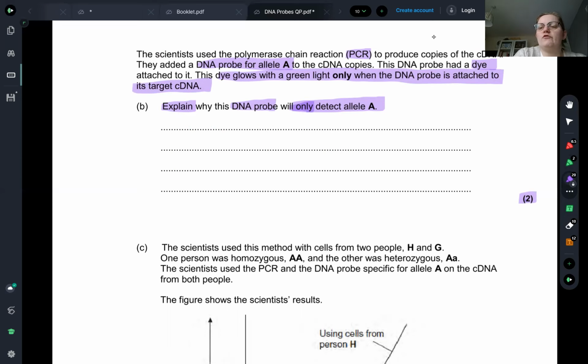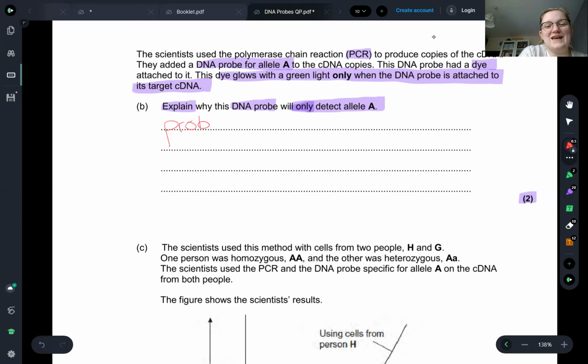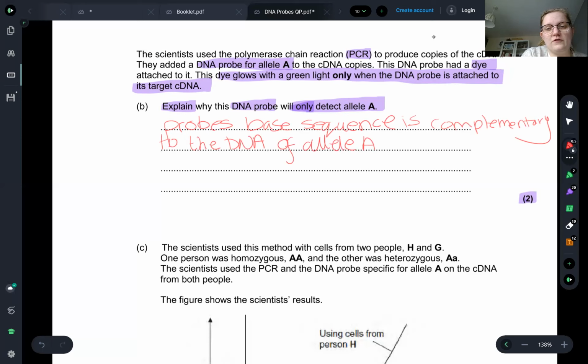So why does this happen? Well, we've just talked about DNA probes. As we know about probes, a probe's base sequence is complementary to that of the DNA that we're looking for, so the allele that we're looking for. So our probe's base sequence is complementary to the DNA of allele A. You need to make sure you're saying of allele A to make sure that we're linking it to that.